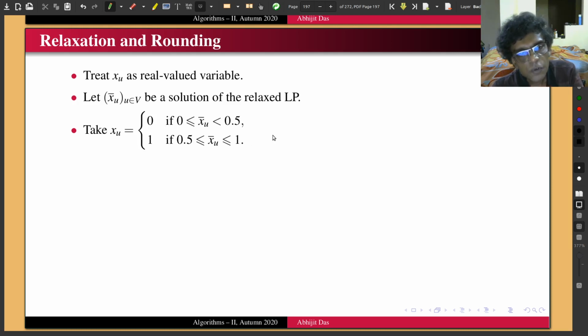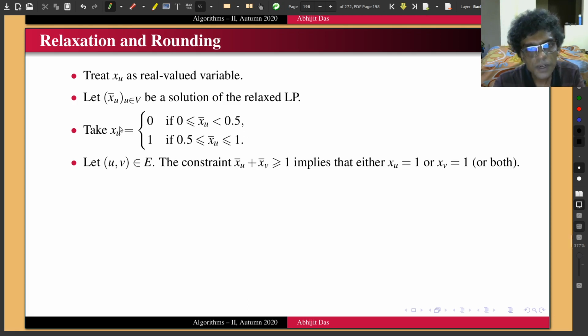Then I have to show that if I choose XU values this way, whatever XU we recommend, this will be a vertex cover. Why? Because for every edge UV, I have the constraint that this plus this is greater than or equal to 1.